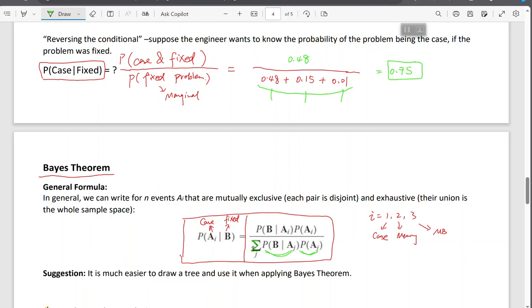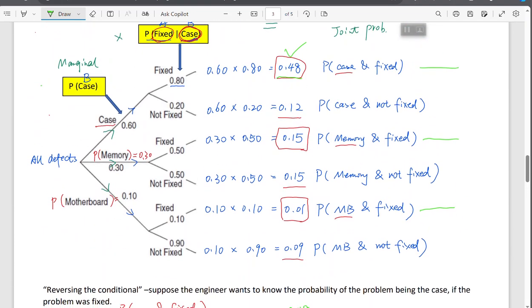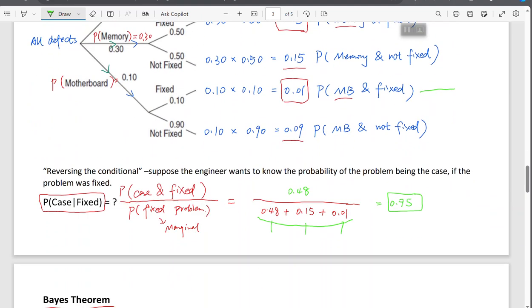Within all of these different cases, which one is only for the one we care about, this A_i? I will now ask you to solve the problem based on this Bayes theorem formula. It is too hard for you, but based on this probability tree, it is easy for us to figure out this probability.